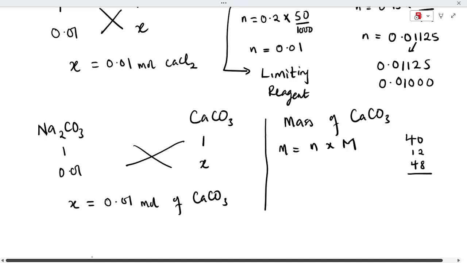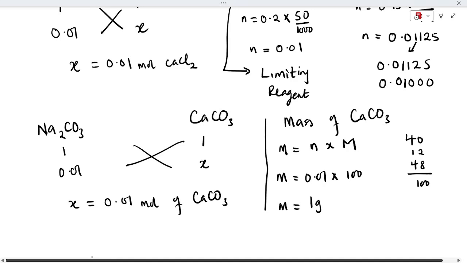When you add them up together, 12 plus 48 is 60, 60 plus 40 is 100. So the molar mass of calcium carbonate is 100. So therefore our mass equals the number of moles, which is 0.01, times the molar mass of calcium carbonate, which is 100. If you multiply, the mass equals 1 gram.